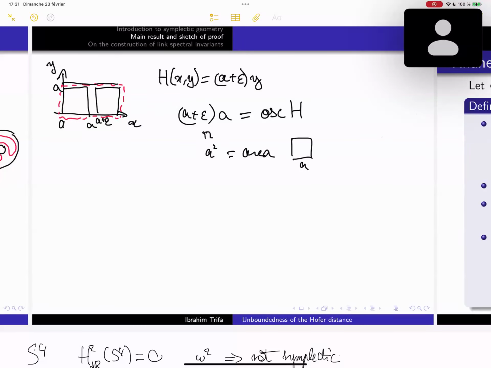Okay, so now if I take any topological circle inside the plane of area A, and I take another one which is disjoint from this one over there, also of area A, I'm claiming that I can find a Hamiltonian diffeomorphism mapping the first one to the second one with Hofer energy also around A. How do I do this?